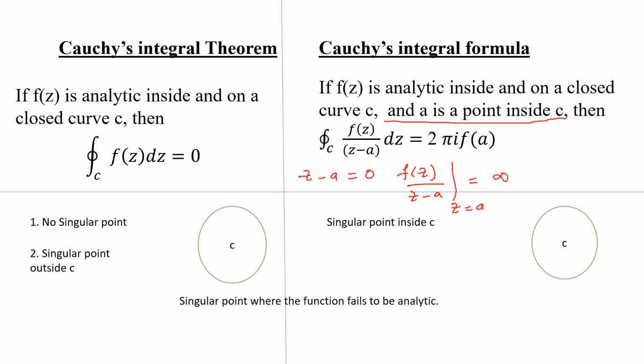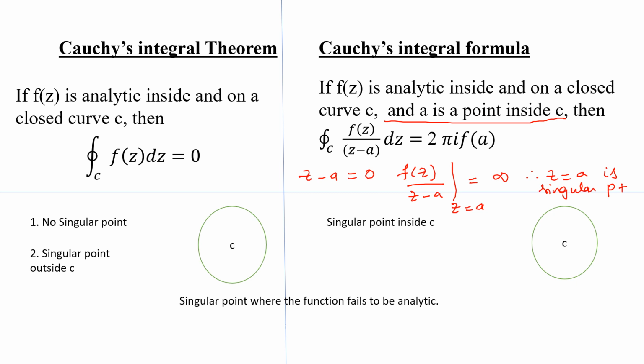So therefore, z is equal to a is a singular point because at this point the function fails to be analytic.